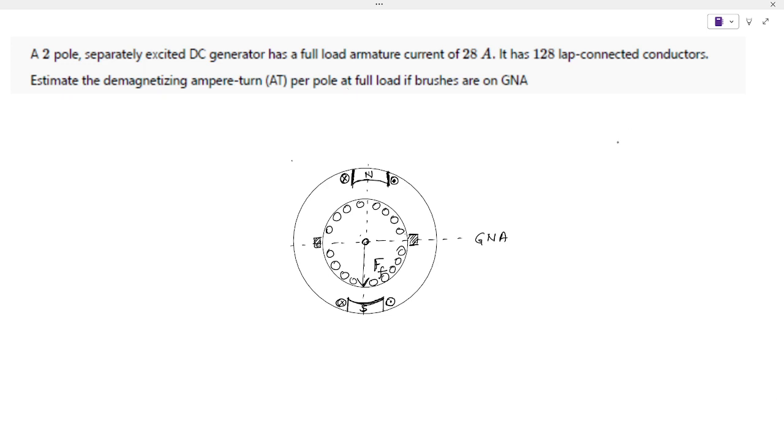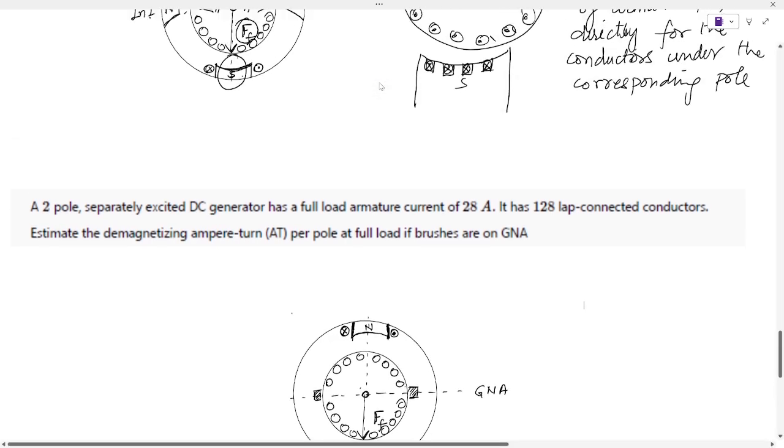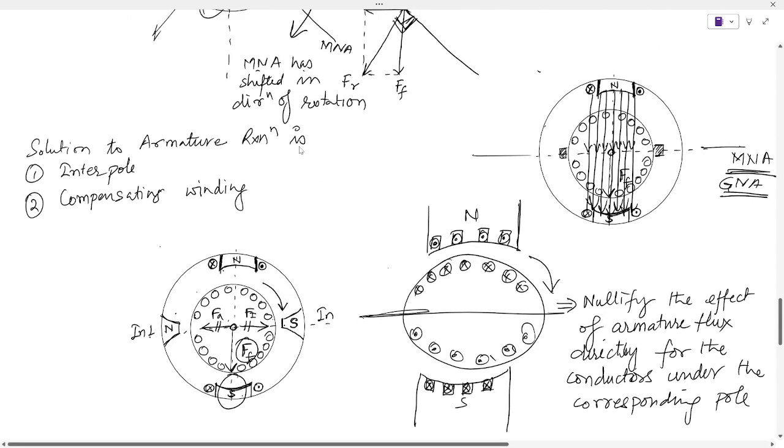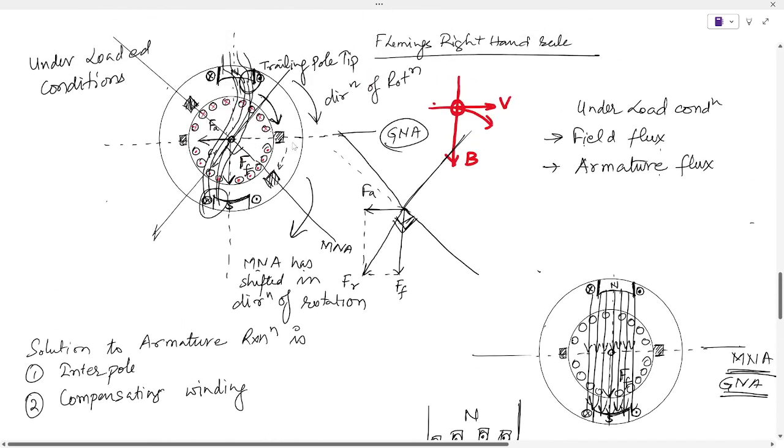Suppose the machine is rotating. Here we had considered exactly this position.